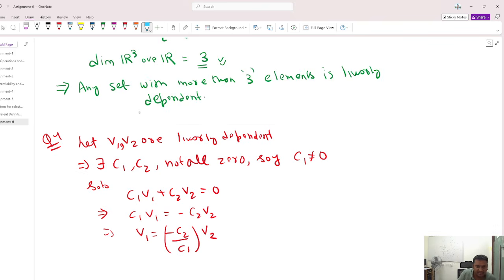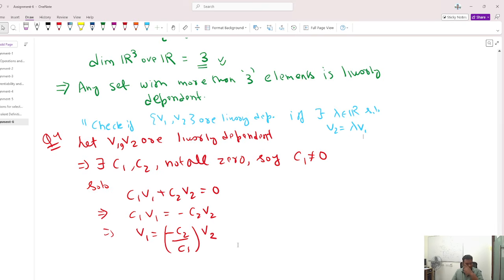Let me write the statement. Check if V1, V2 are linearly dependent if and only if there exists lambda in R such that V2 is equal to lambda V1.